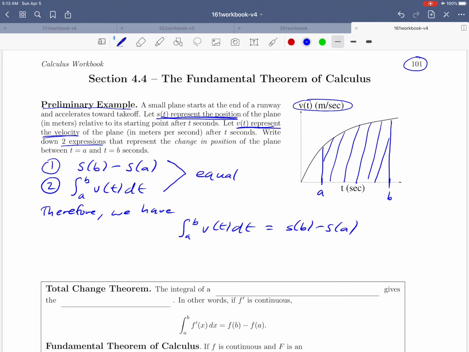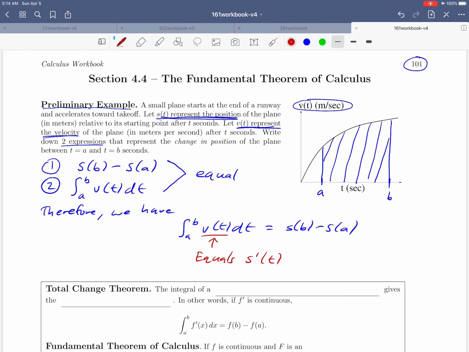So let's think about this equation that we have in front of us here. What is the relationship between the velocity function and the position function? You might remember way back earlier in the course that velocity is the derivative of position. In other words, it's the rate of change of position.